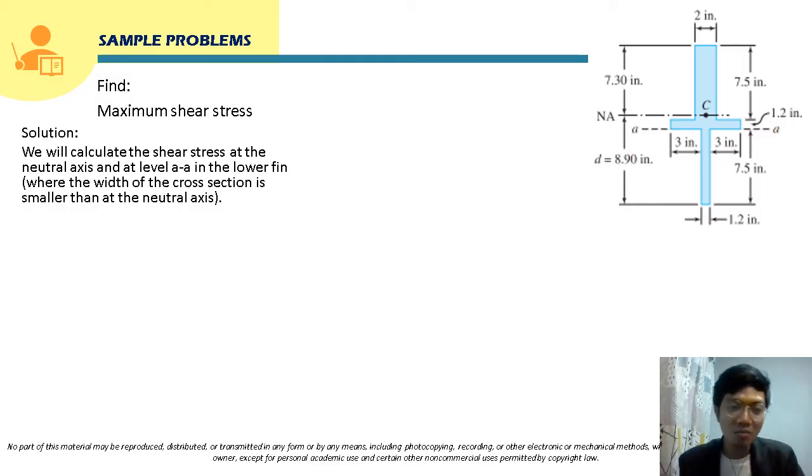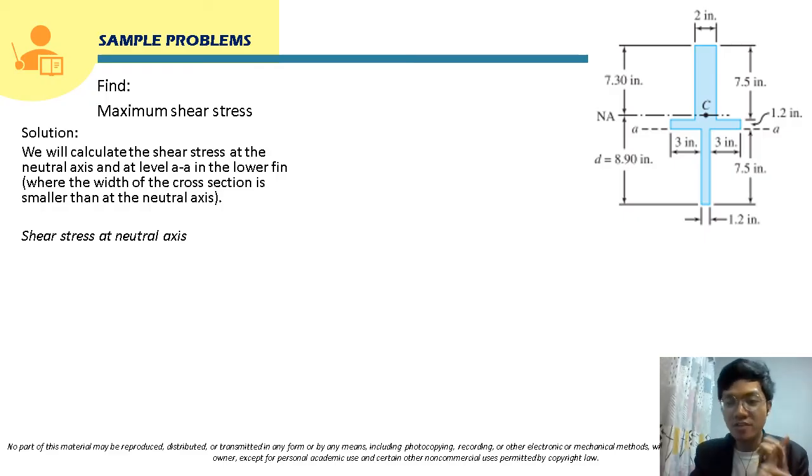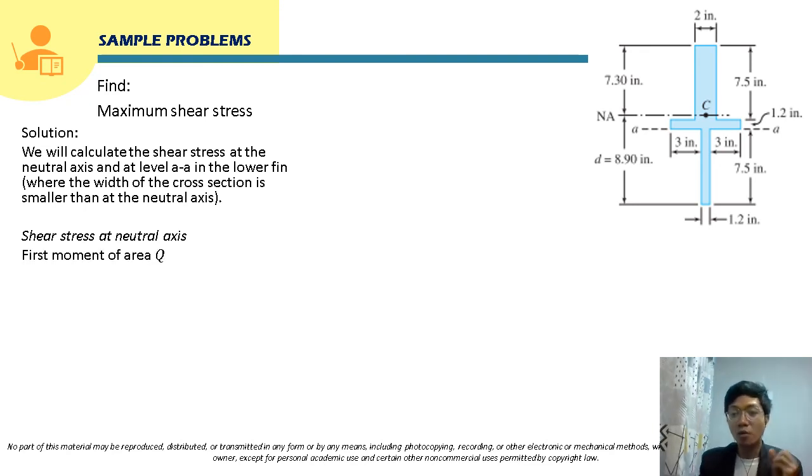Okay, so let's solve this. Okay, so we will start solving the shear stress at neutral axis. So yung procedure natin, class, we already have V, the shear force. We already have the moment of inertia I. So we will now find the neutral axis din, class, it's already indicated here.